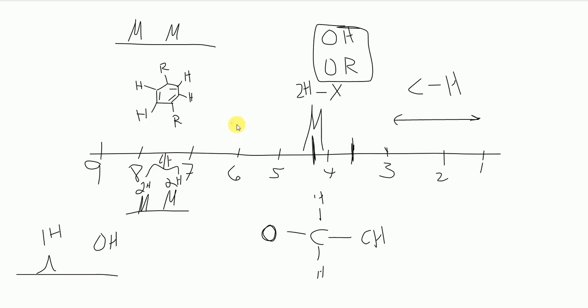And then the last and final thing, between the 5.5 and the 6.5 region, is where you'll find your double bonds, so alkenes.